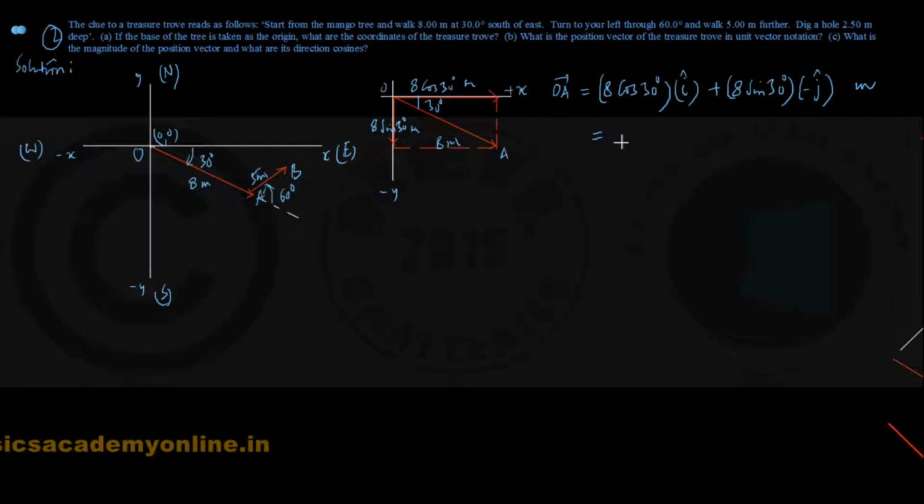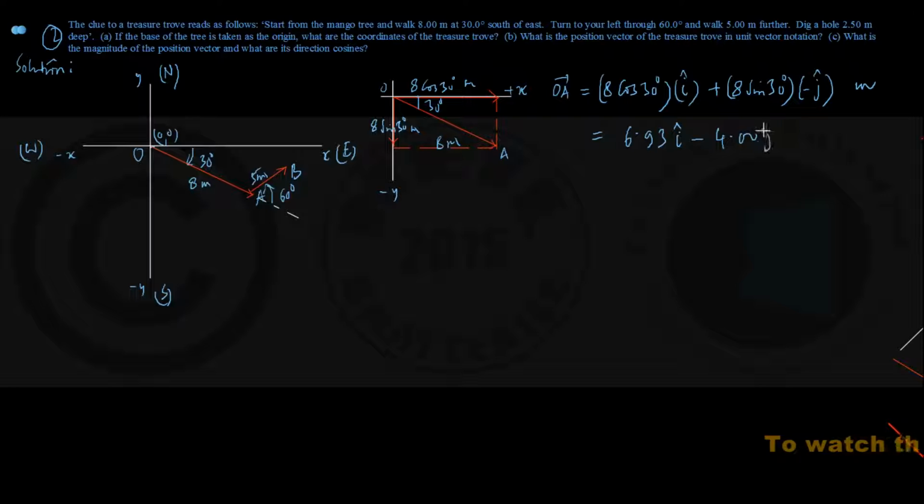You can make the calculation: cos 30 is root 3 by 2, sine 30 is half. So OA vector is coming out to be 6.93 i cap minus 4.00 j cap meters. This is the vector OA.